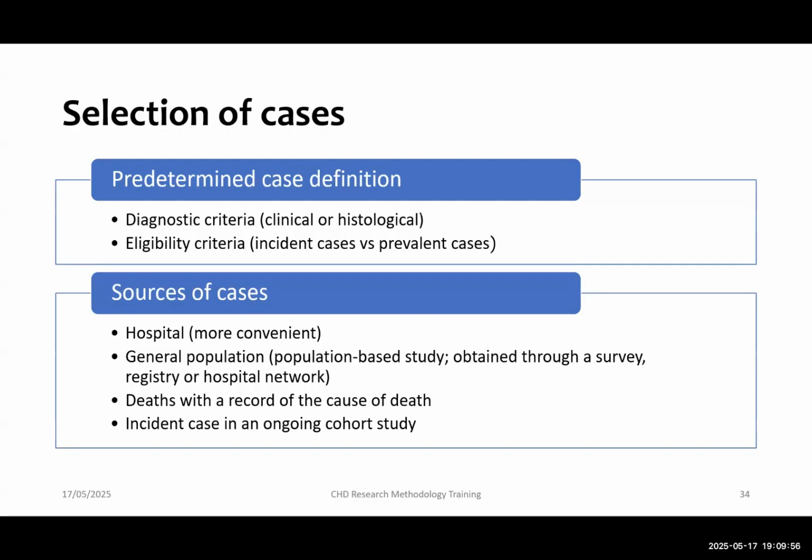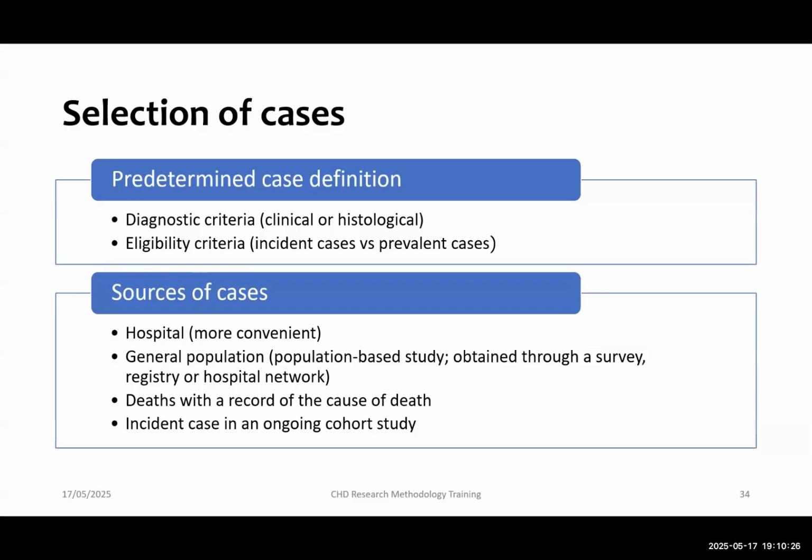And where can you get your cases from? There are different places cases can be gotten from. Like I said, your cases must be predetermined. You can get cases from hospital. For convenience and completion of records, most times we prefer that you get your cases from a hospital setting, a physician practice, or a disease registry.